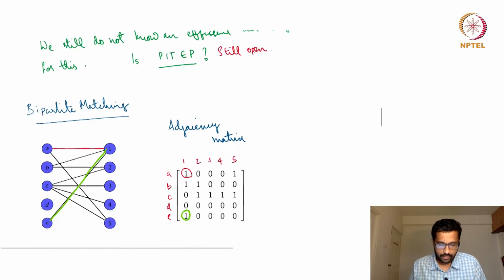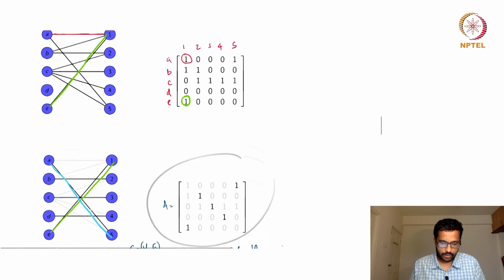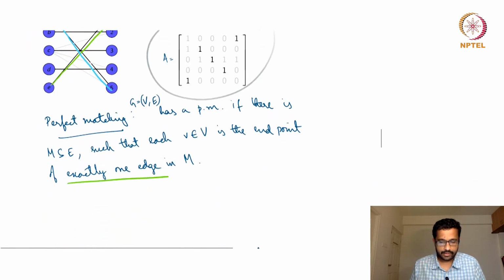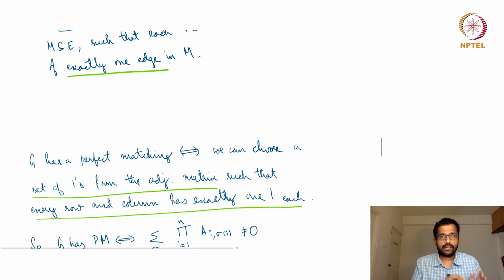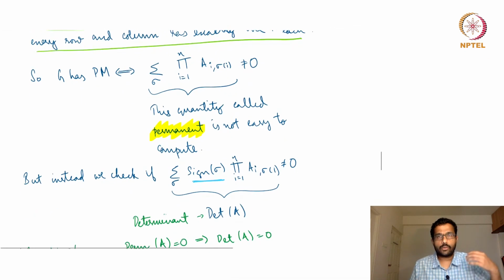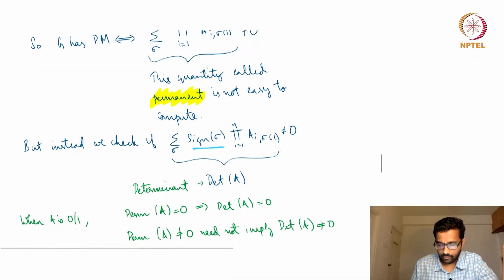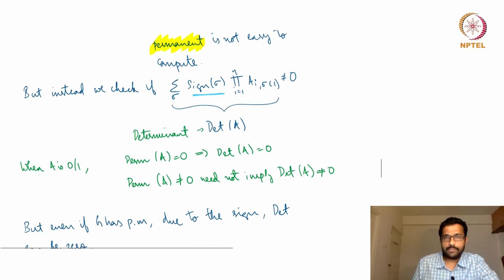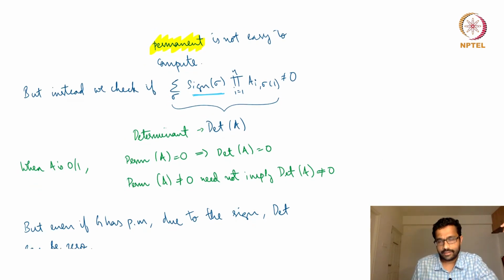Then we saw the problem of bipartite matching. We saw that a graph has a perfect matching if and only if the permanent of the adjacency matrix is non-zero. But the permanent is a quantity that is not so easy to compute. So we went to the determinant, but then that leads to errors.